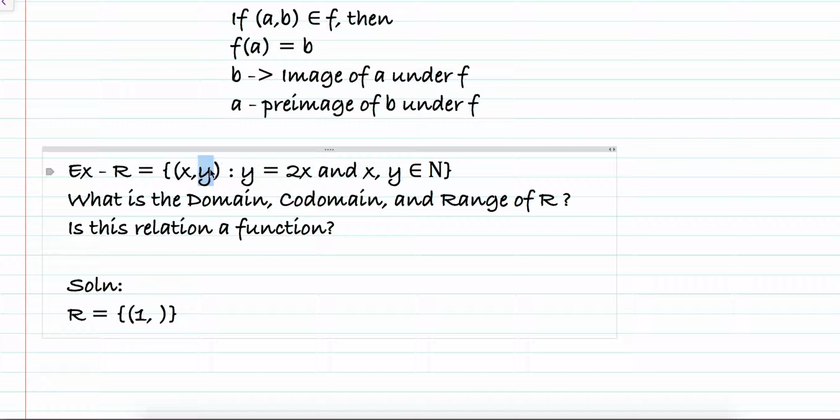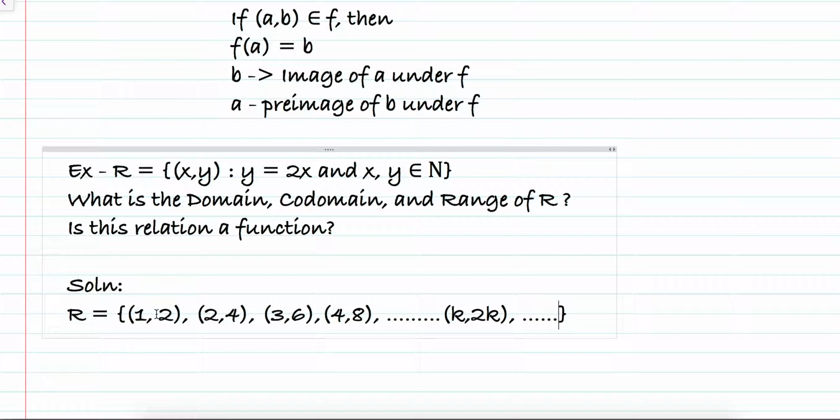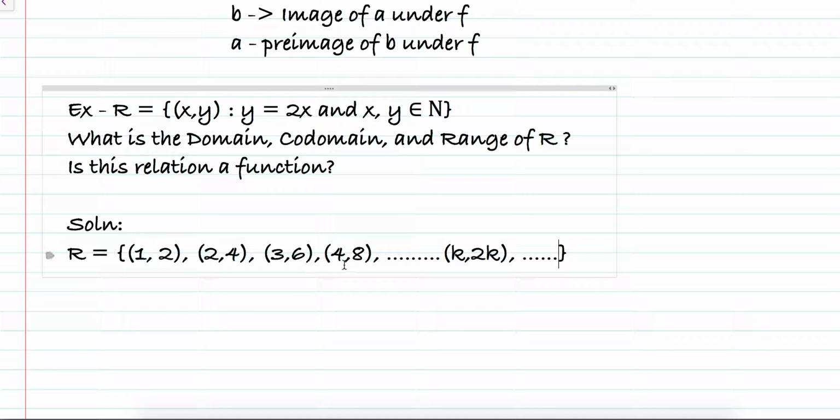So the second element is 2 times the first element. So it will be (1, 2). Then our next natural number is 2. So y will be 4, then (3, 6), (4, 8) and so on. So if we have some kth natural number, we will have 2k.